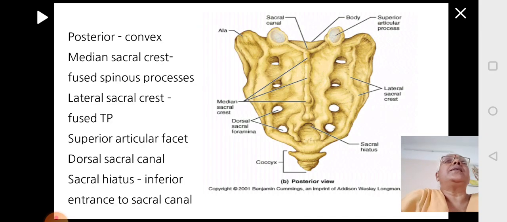Now this is the posterior view of the sacrum. This will be convex. Here you can see there is a median sacral crest. This is formed by the fusion of the spinous processes of the sacral vertebrae.